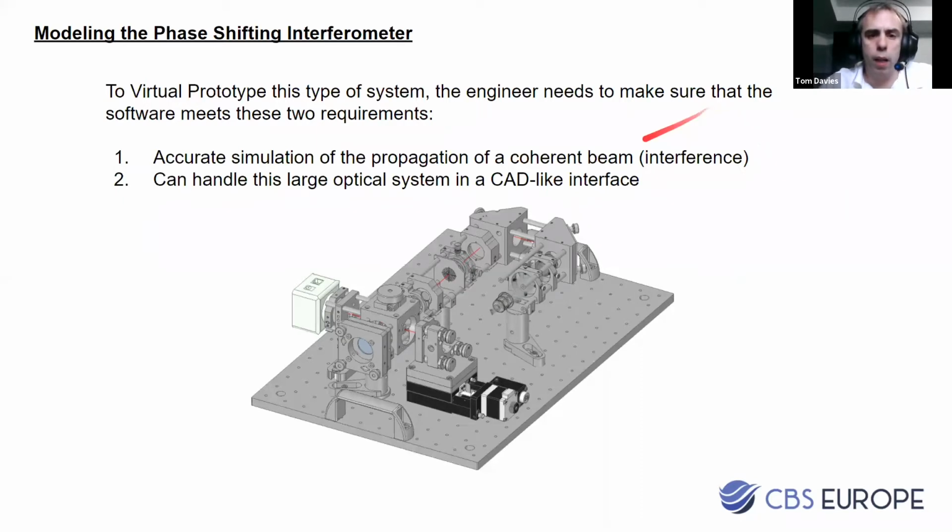The first one is that because this is an interferometer, if we want to do any sort of simulations, calculations, or analyses, we need to make sure we're using software that can accurately simulate the propagation of the coherent beam and calculate the interference between the two paths of the interferometer. And not all optical engineering software can model coherent beams inherently. So that would be the first checkpoint to note.